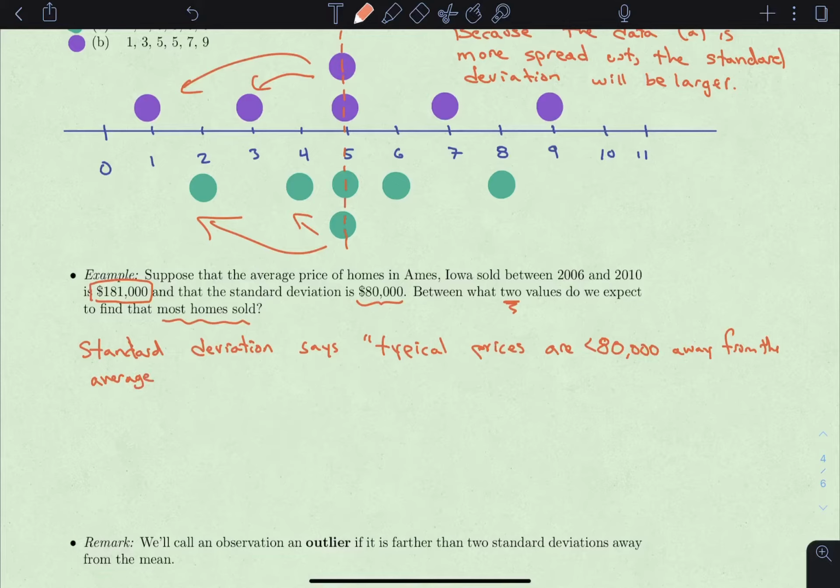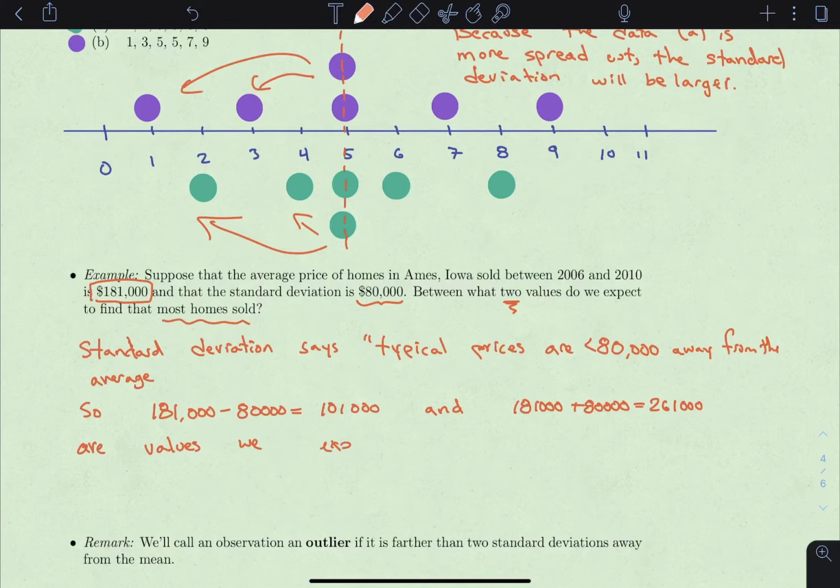So if we take $181,000, the average, minus $80,000, we get $101,000. And $181,000 plus $80,000 equals $261,000. So those are the values between which we expect most homes to be sold.